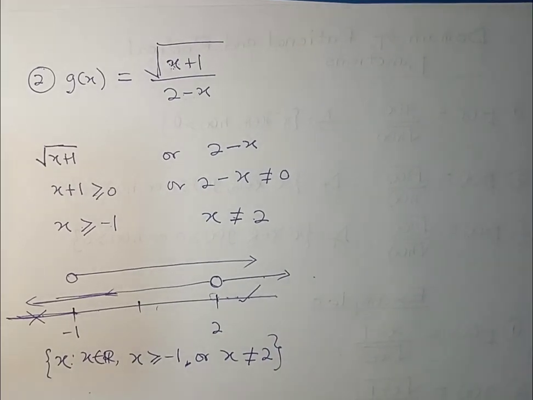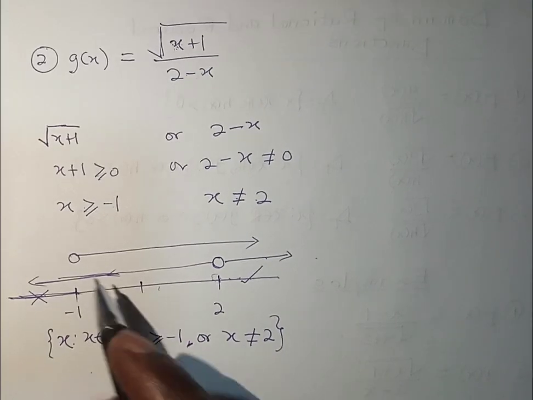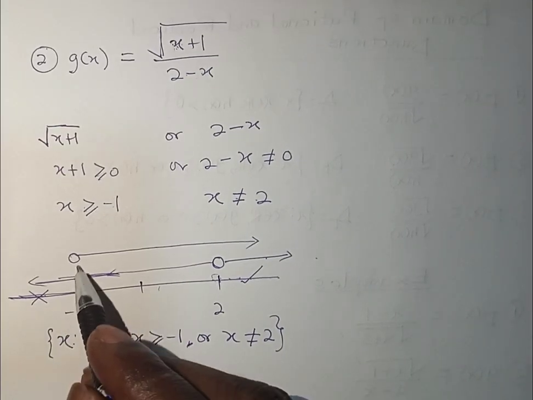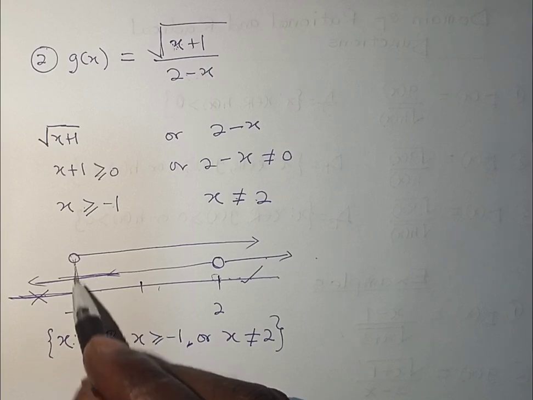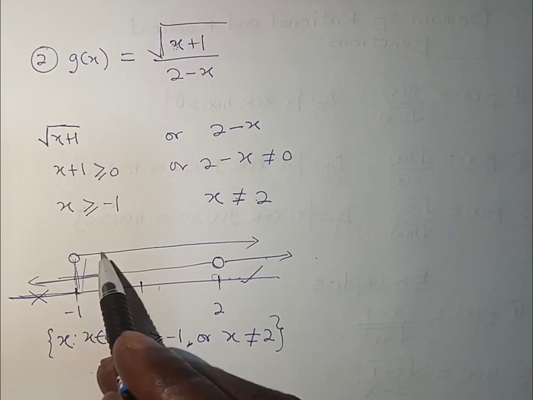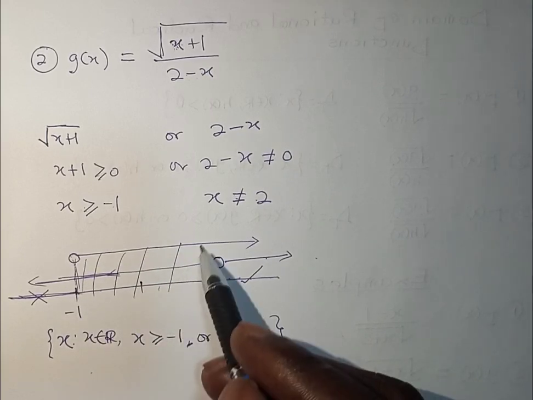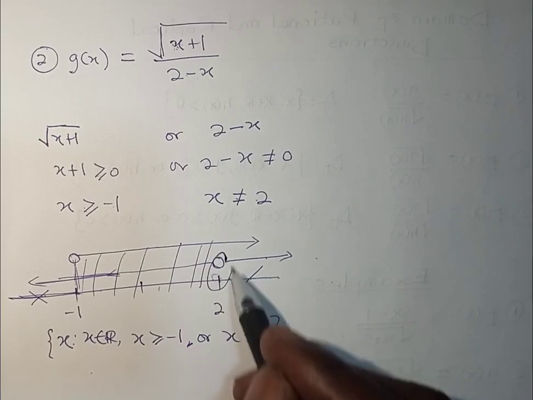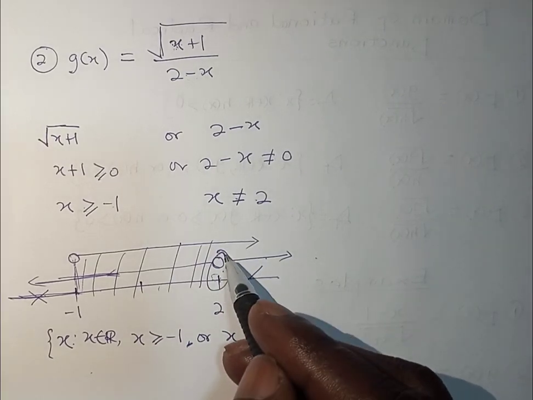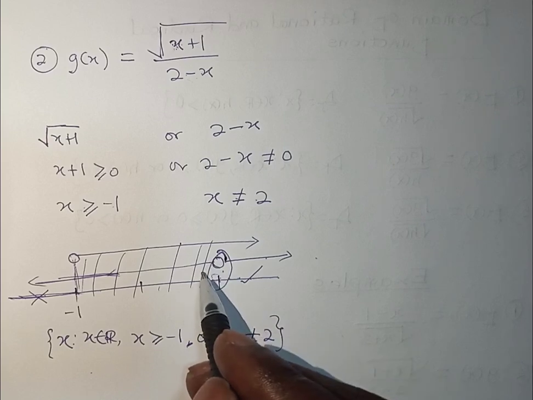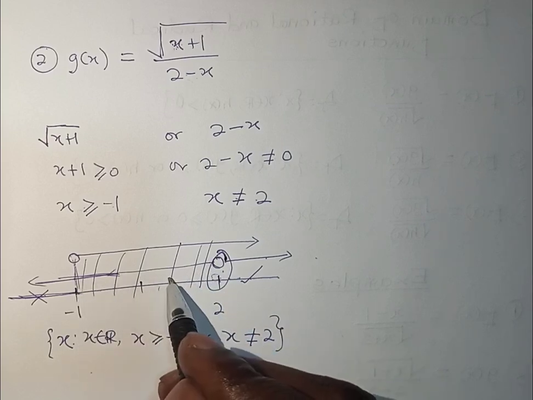In the case of writing the interval notation, from this portion going, except the 2, when I get here, 2 will not satisfy, but from here everything will satisfy.